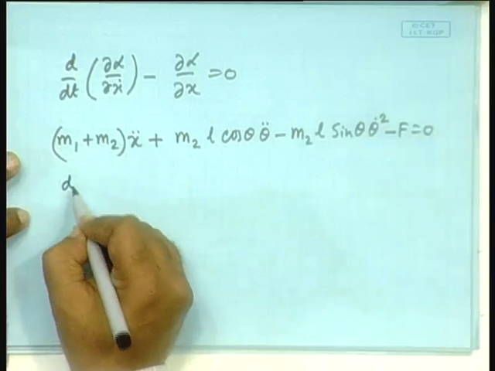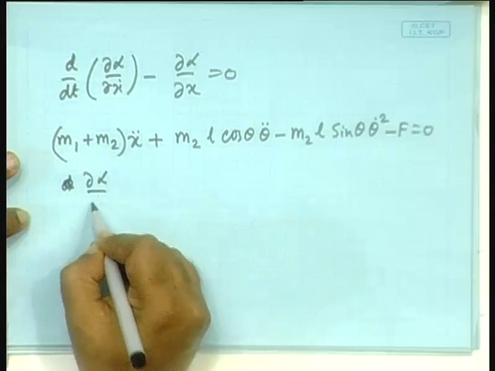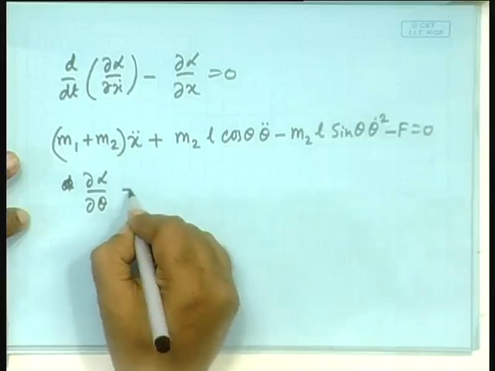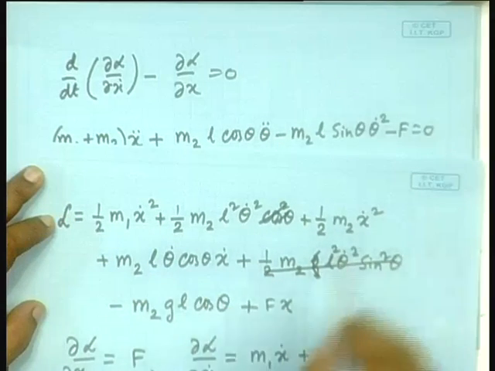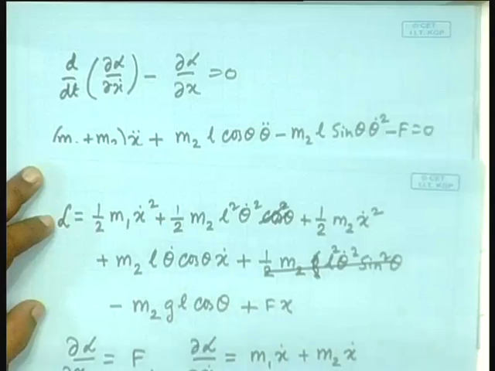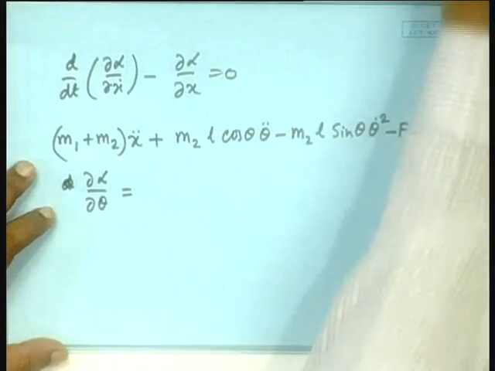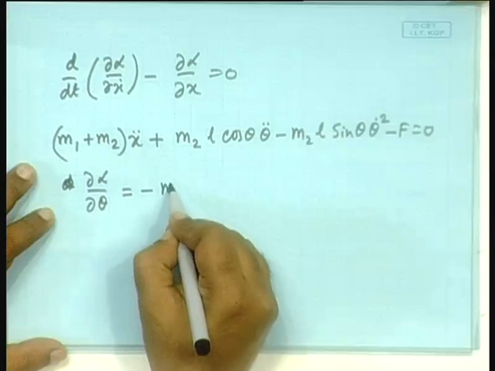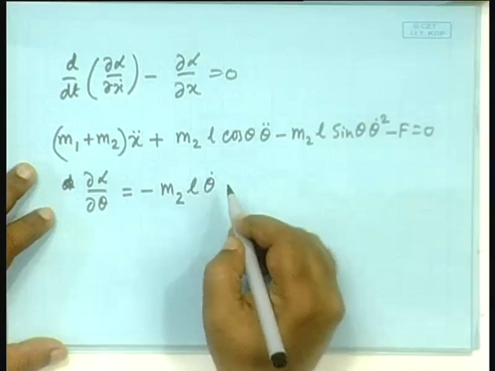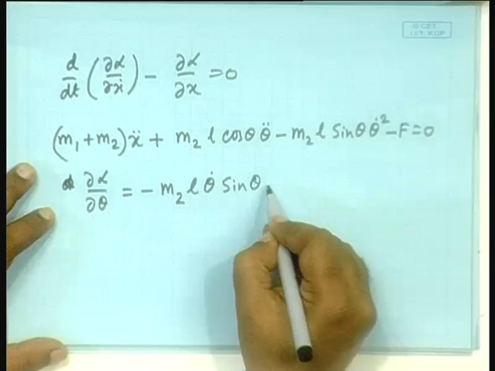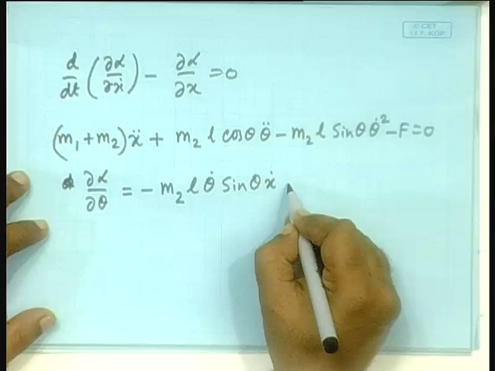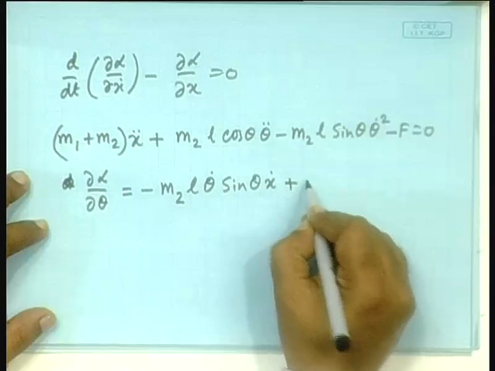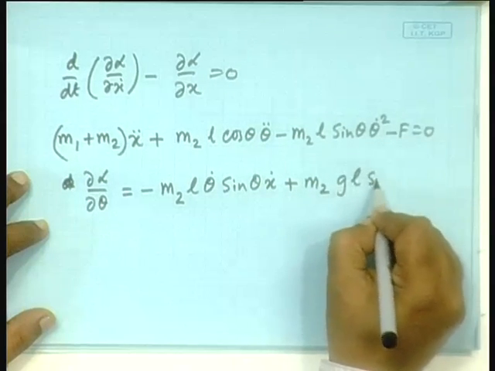Next one, derivative of the Lagrangian with respect to theta is, if you do it with respect to theta, can you see the expression? Yes, this goes off, this goes off, this goes off, this remains, this remains. So take the derivative correctly, it will be minus m2 L theta dot sin theta x dot, fine, plus m2 g L sin theta.